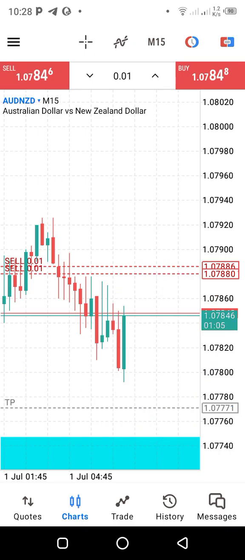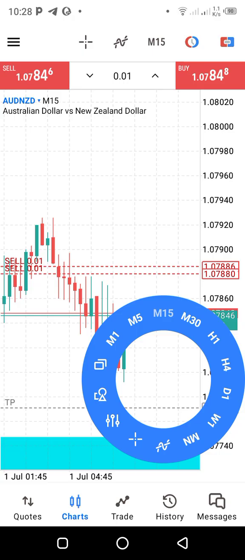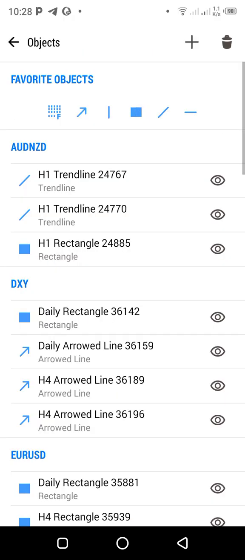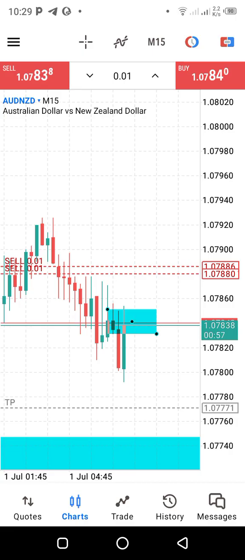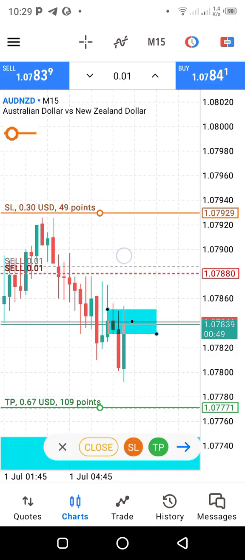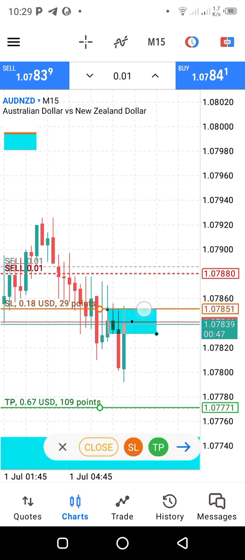We had the supply zone around here. So if price is able to close above that level, I shall take my exits. So I shall put my first stop loss around here. That's like $0.18. It's okay.